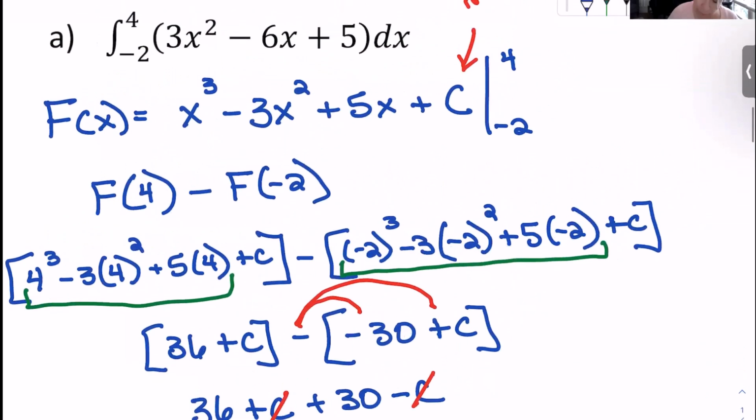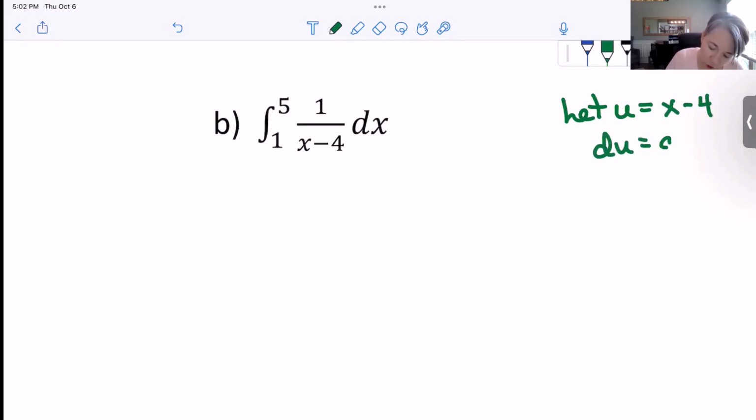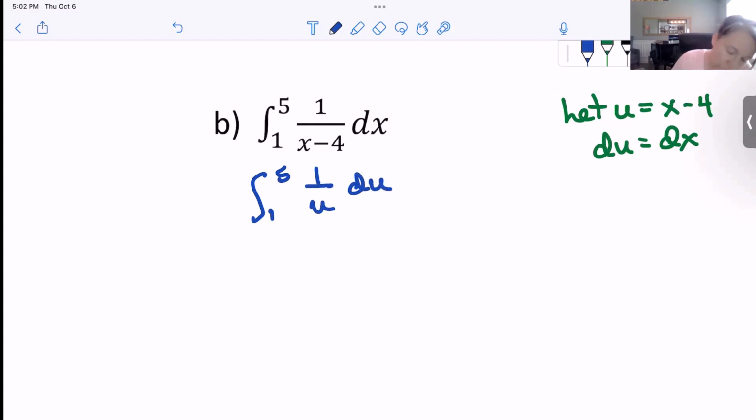So let's try part B. Same thing here. We're going to have to find the antiderivative function first. So we may need to use u substitution here. Maybe not. Maybe you guys kind of already get it, but that's okay. We are going to let u be x minus 4, which means du is just dx. So this will give us the integral from 1 to 5 of 1 over u du.